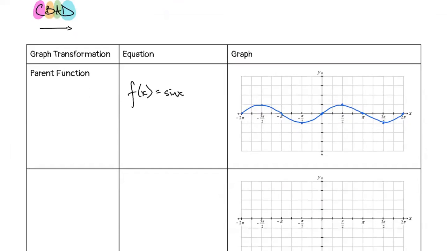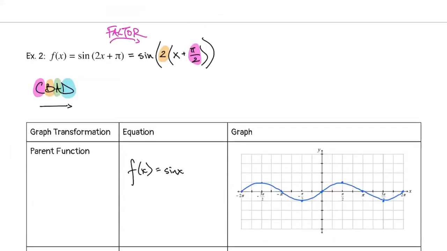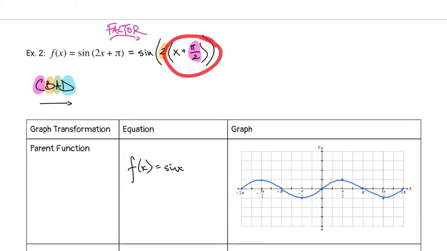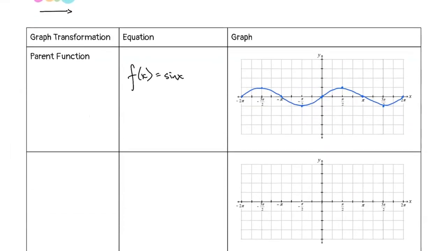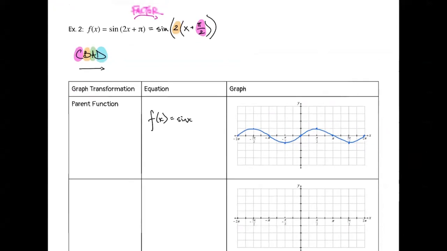All right, so we've got our graph of our parent function. The first transformation to happen here is going to be this pi over 2. Based on your transformations from earlier, the explorations, what does that pi over 2 do? Great.